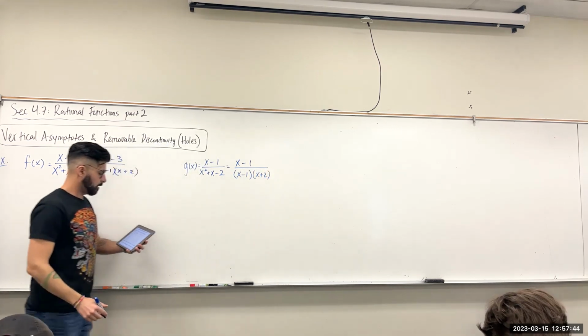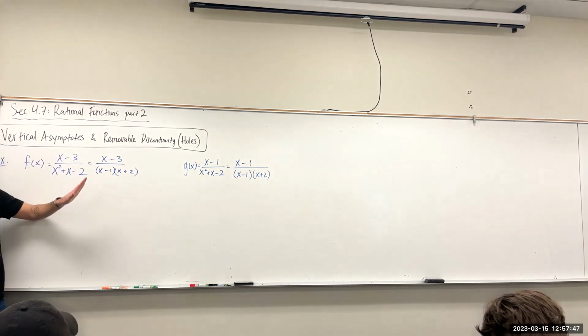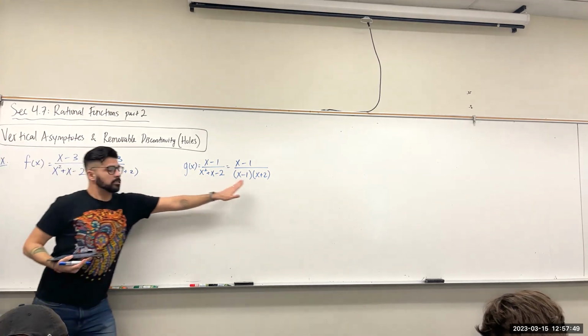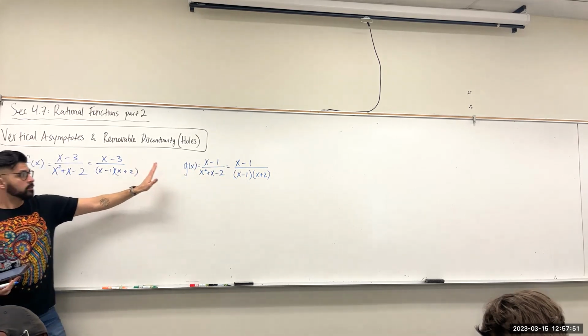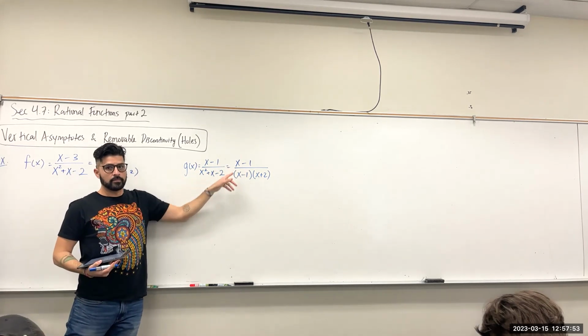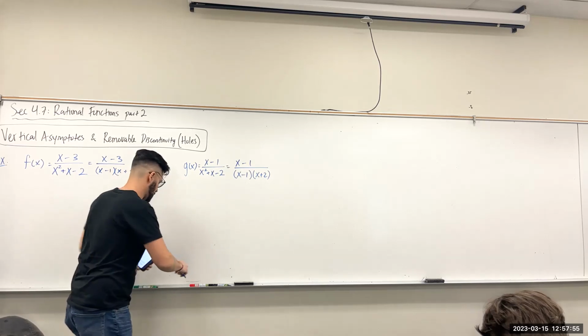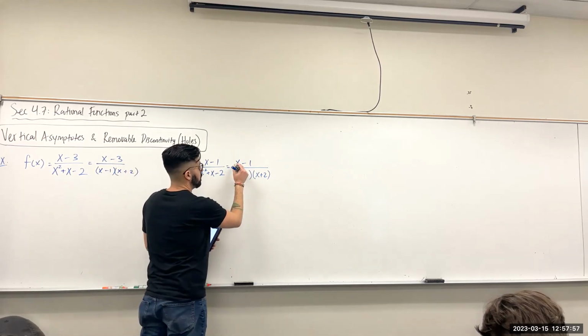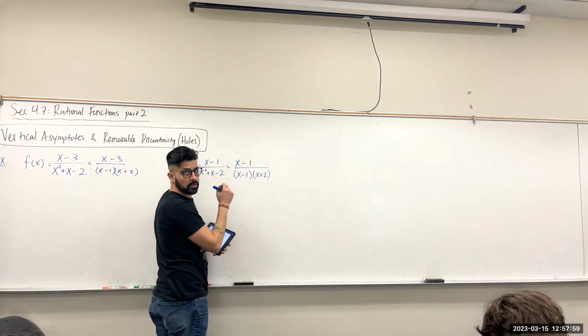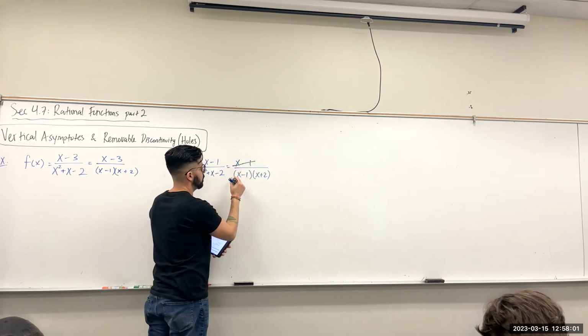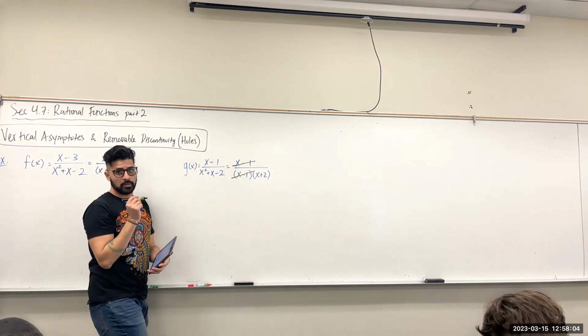What do you notice between this and this? For the second one, you can cross out the x minus 1 on the denominator and numerator, but the first one can't because there's no common term. Good. So here, this cancels because it's the same on the top and the bottom.